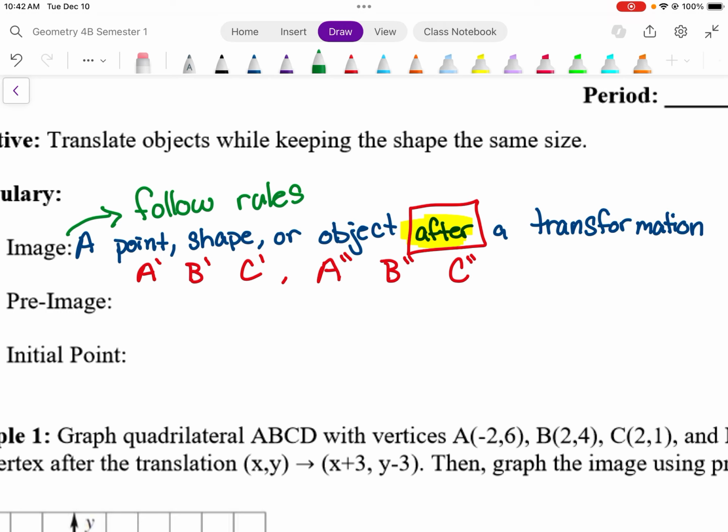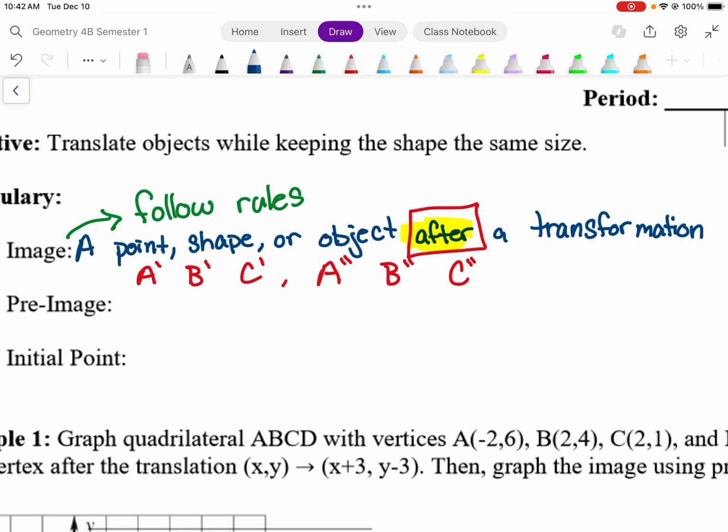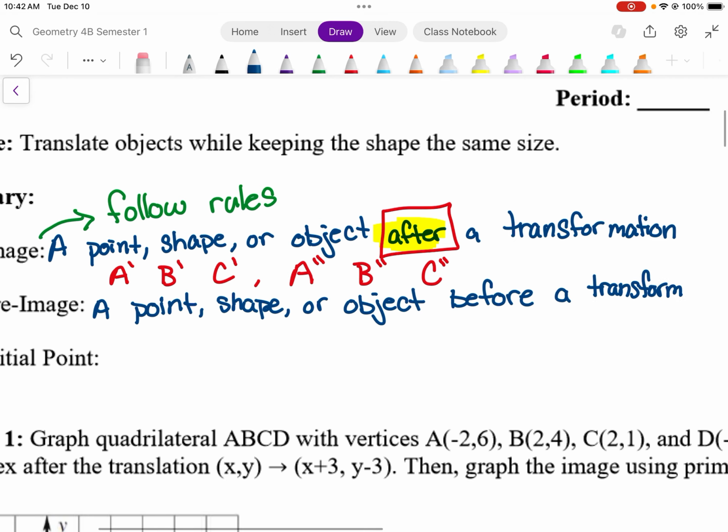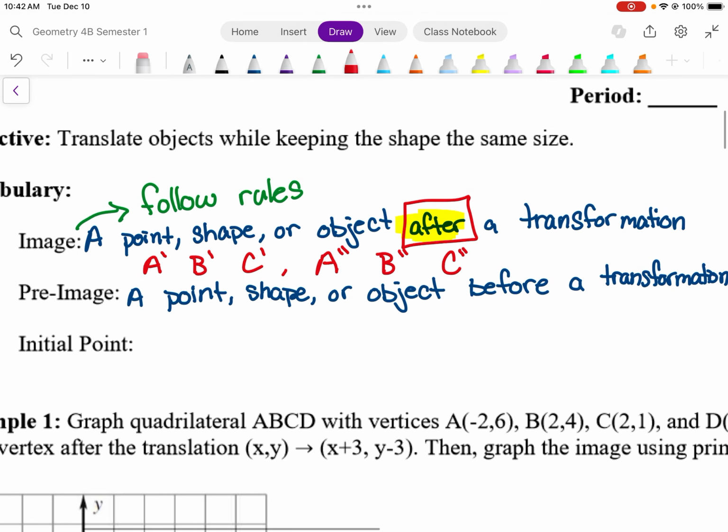Then our pre-image, that is the point, shape, or object before a transformation. Before. So for a pre-image, we would just label those with the letters that we would start with.